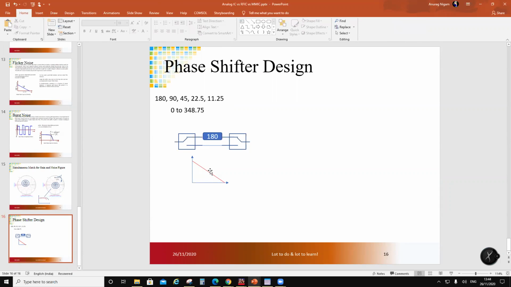For a given length, this angle would be more than 180 degrees.